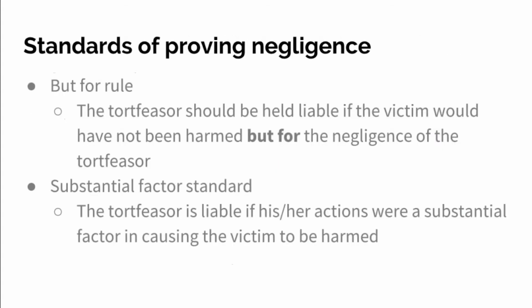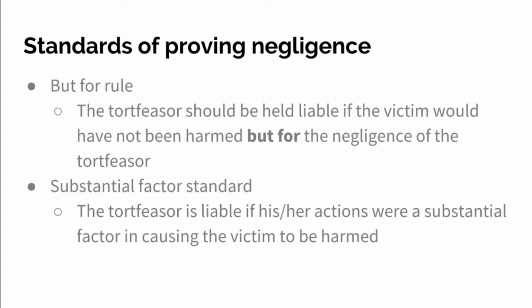When it comes to proving negligence in specific cases, we need to take these two rules into account, the but-for rule and the substantial factor standard. The but-for rule states that the tortfeasor is liable if the victim would not have been harmed but for the negligence of the tortfeasor.